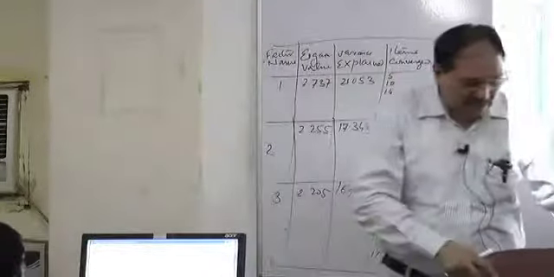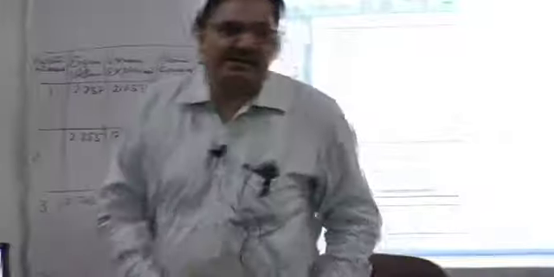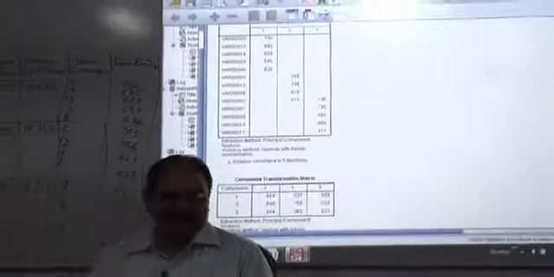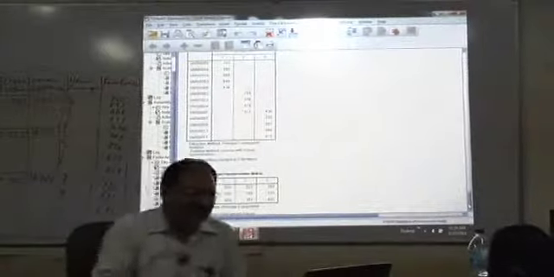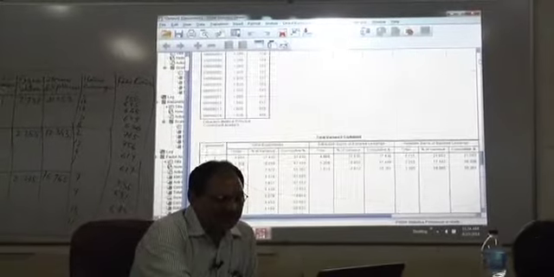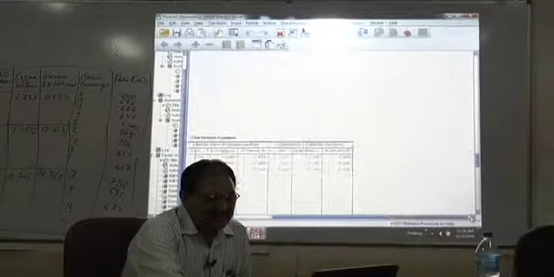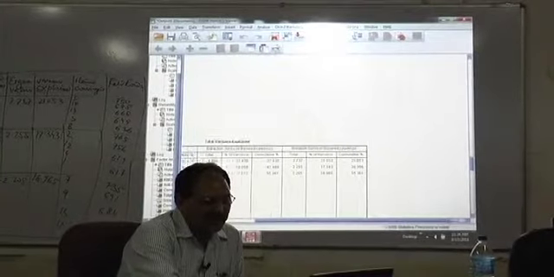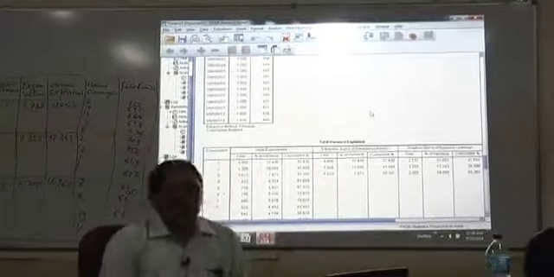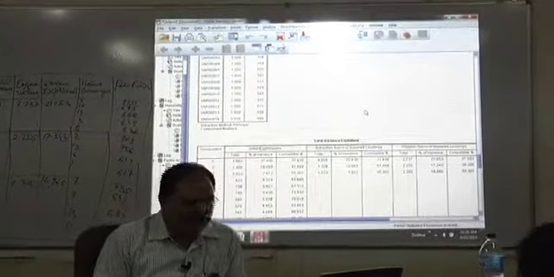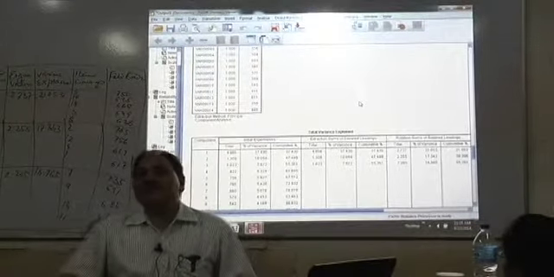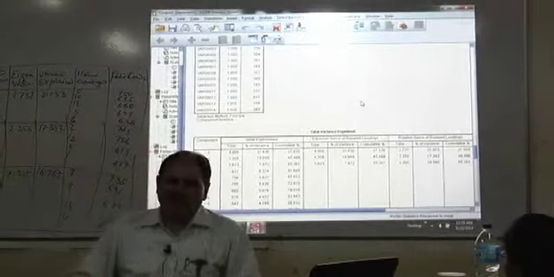But before I come back to that, let us see what else do we look at. Any factor analysis should actually extract at least 50% of the variance. That means cumulative variance should be at least 50%. Go on top and check whether the cumulative variance is greater than 50%. It is 55.361. So this factor analysis has extracted variance of 55.361. Many times, because of some other problem, this variance extracted might be smaller.